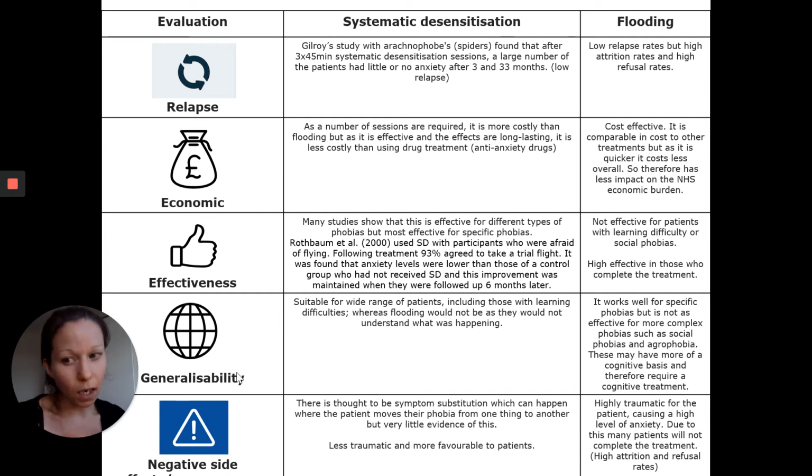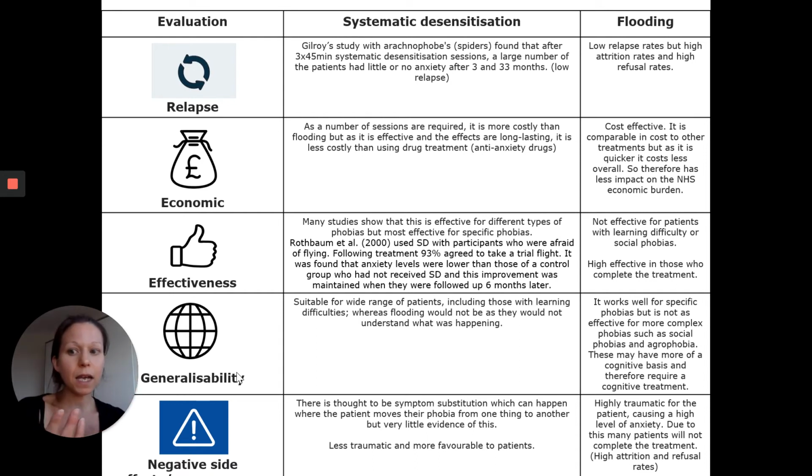We think now that actually some phobias, the more complex phobias like social phobias and agoraphobia, the ones which are seen as separate categories in the DSM, they're far more complex, and we think probably more cognitive, more about irrational thoughts, more about what's going on in there rather than a learned response.